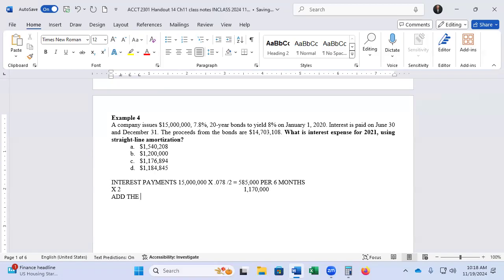Now we have to add the amortization of the discount from example 3 above. That equals 7,422 per year. And so we have 1,177,422. Oh, this is twice, I'm sorry.